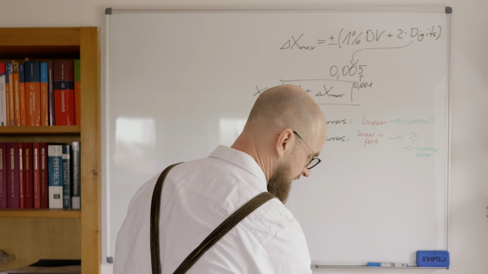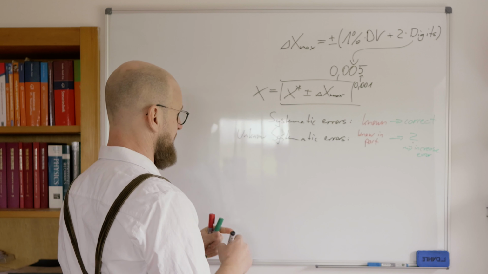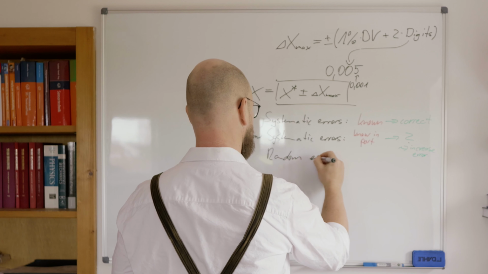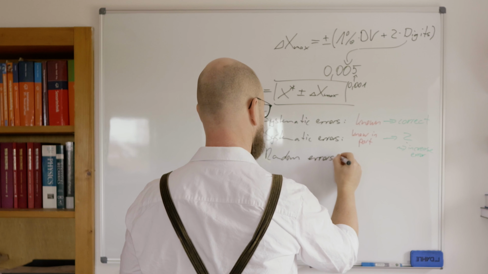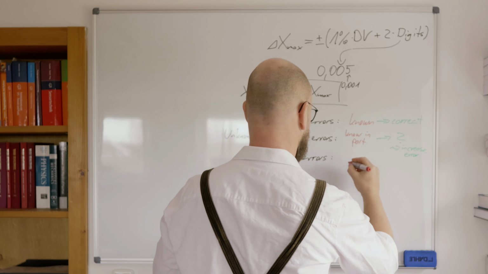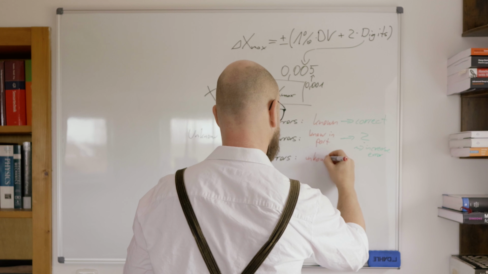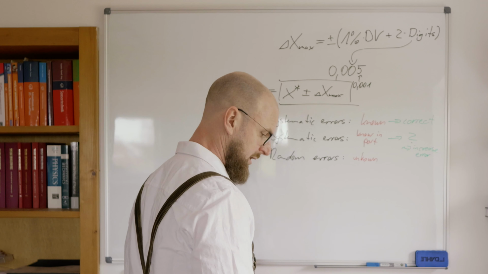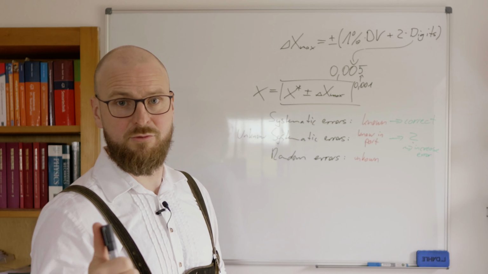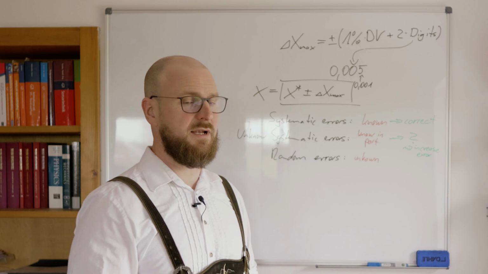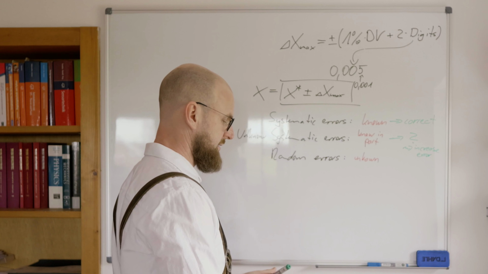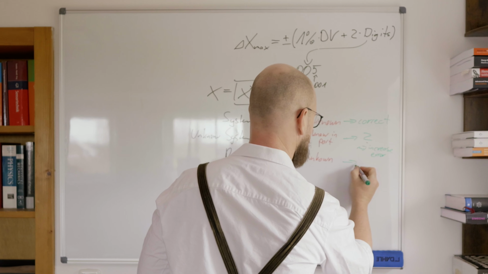Then finally, there are random errors. They're completely unknown. Those random errors have one advantage. They're random. Whenever something is random, we can do statistics. And that's how we can treat those.